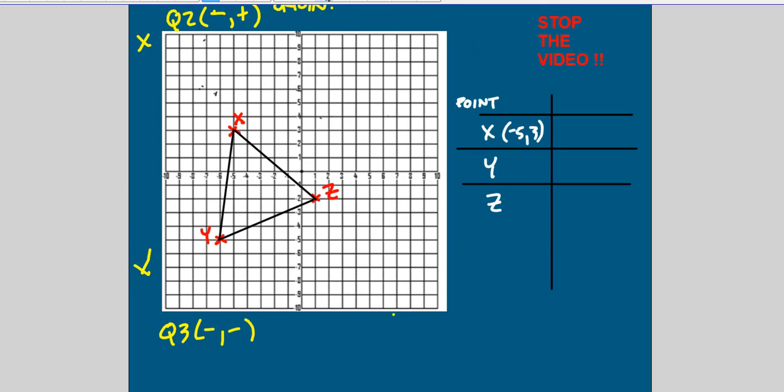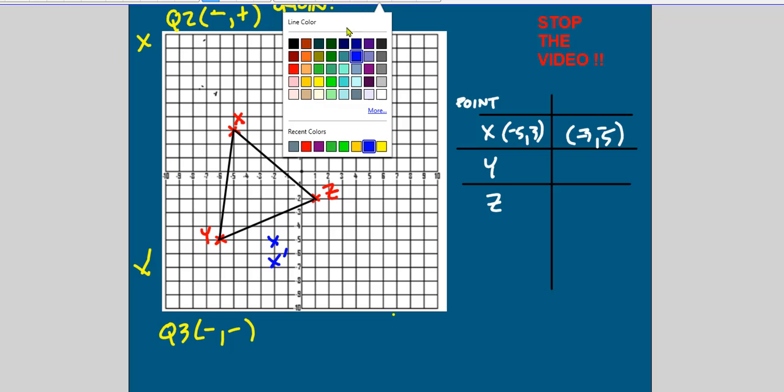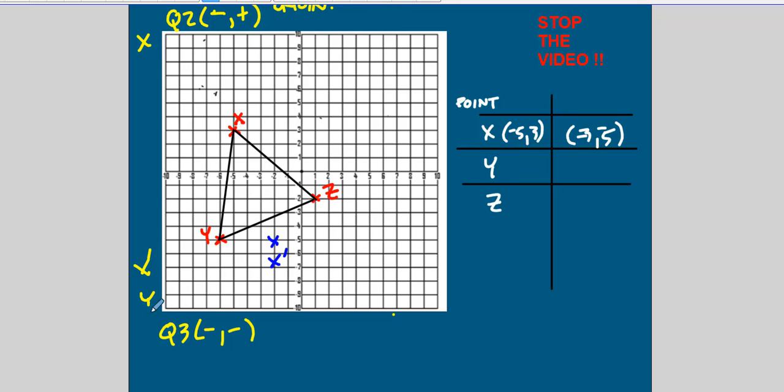So we're going to swap the coordinates. That's going to be 3, 5, but since you're in Q3, it's going to be -3, -5. And let's plot that point X prime. -3, -5 puts me right here. So that's X prime. Now Y is in quadrant 3, but Y prime is going to be moved one quadrant over this way, to quadrant 4, which is positive, negative.